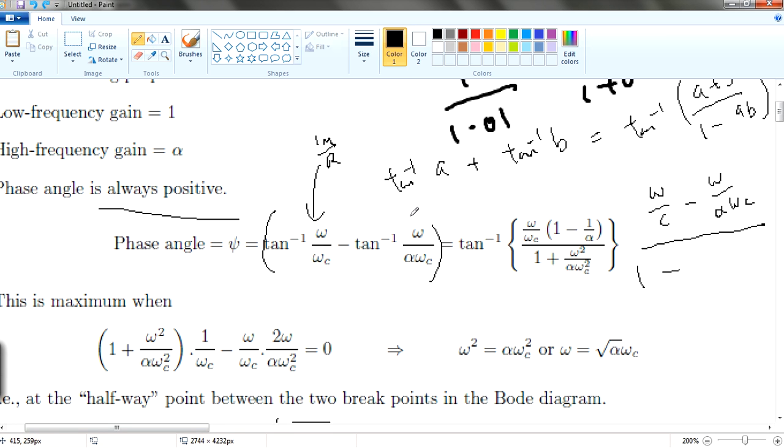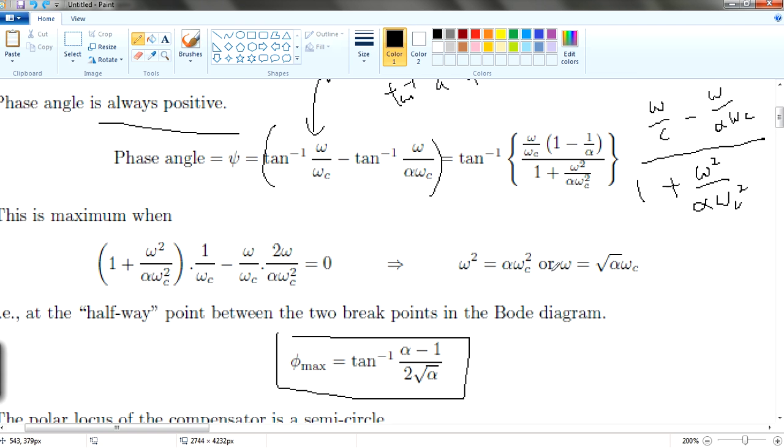This term is minus times this term, you have minus, so minus minus is plus, so omega square over alpha omega c square, yeah, correct. So this is simply what is being shown over here, just that I need to filter out this omega c out. I think you get what I mean. So this term is simply this one, exactly the same.